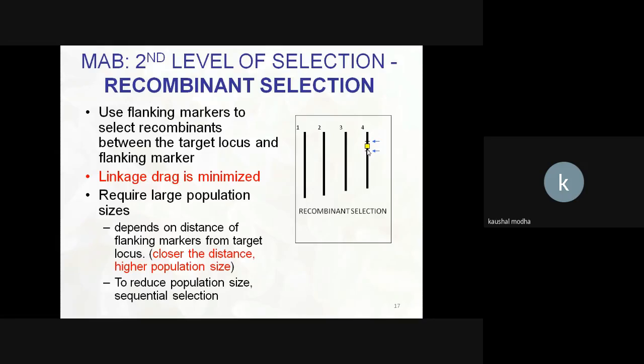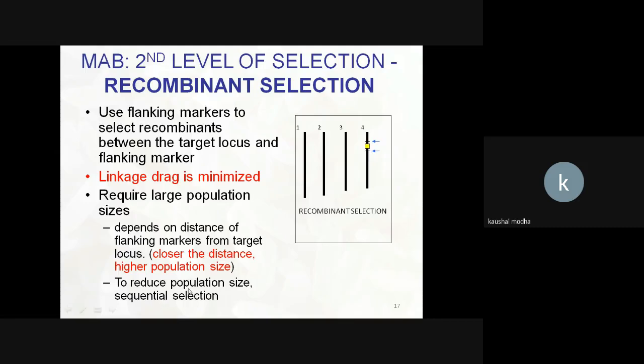So you may have to open up a population of 5,000 or 10,000 individuals, depending upon the distance between the flanking marker and the gene. Genotyping and generating 5,000 or 10,000 backcross progenies is tedious, and it is costly also. So what is done to reduce the population size?